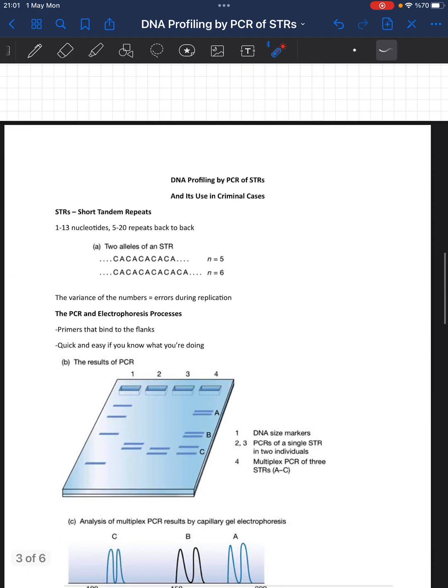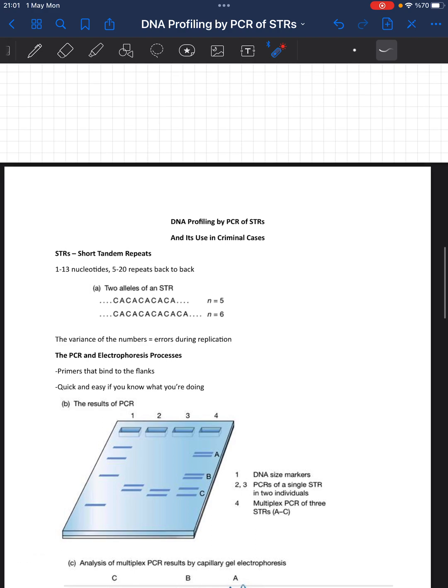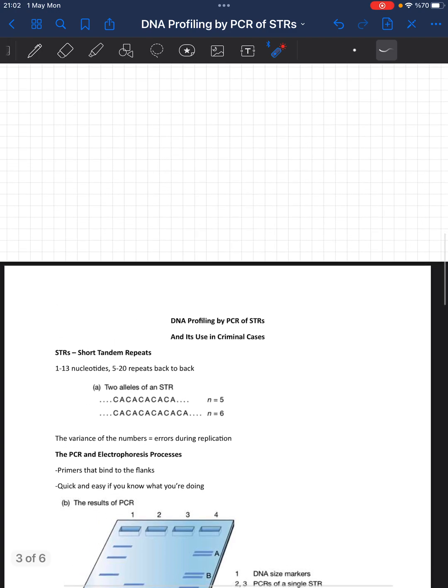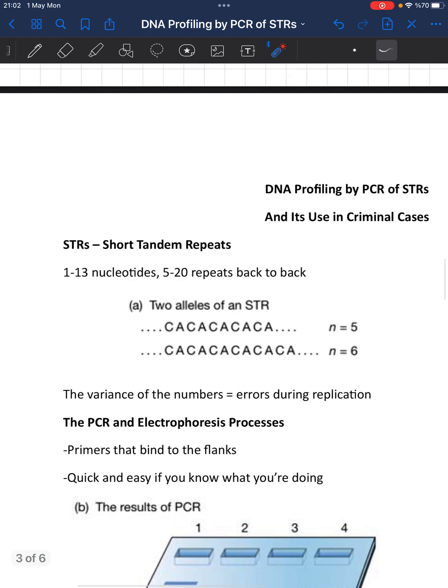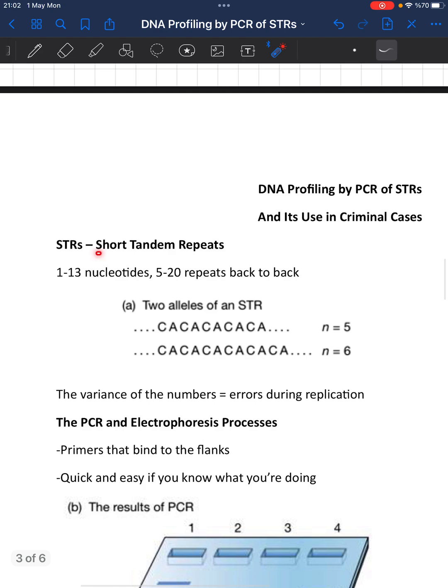DNA profiling utilizing the PCR of STRs and how it is useful in criminal cases. First, I'd like to start by defining the STR. These are short for short tandem repeats. The name implies everything it needs. These are short sequences of DNA.